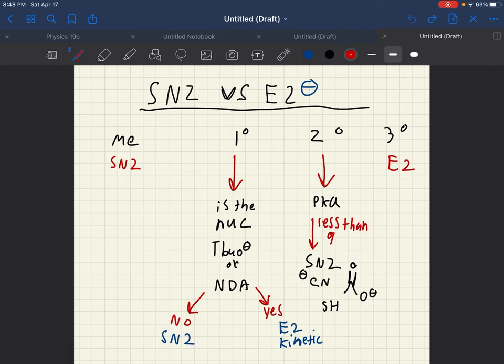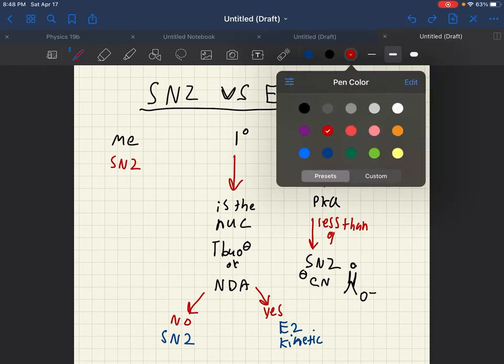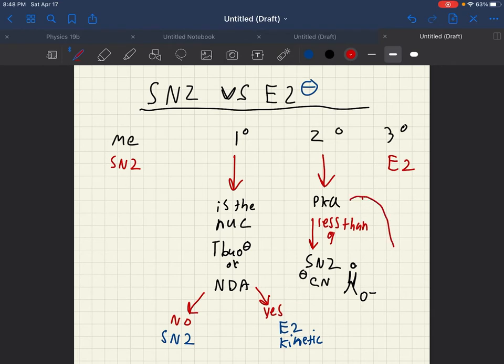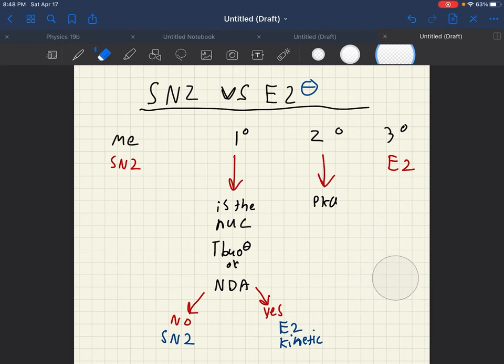Now then, if it's not less than 9, we have to ask ourselves, actually I'm going to erase this because I ran out of room. If the pKa at a secondary carbocation is between 9 and 16, then we're going to have to look at the solvent.